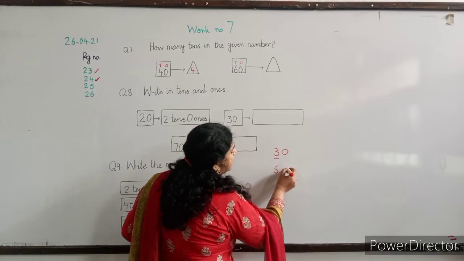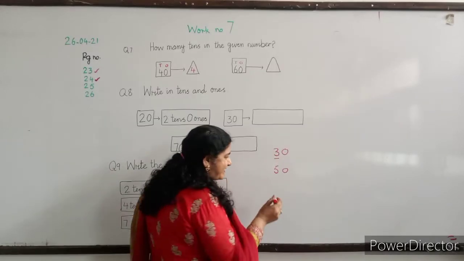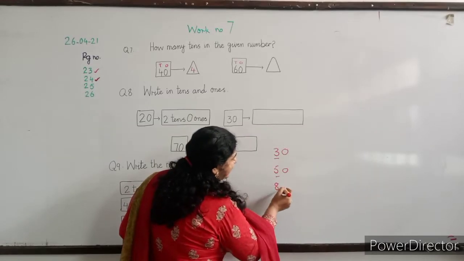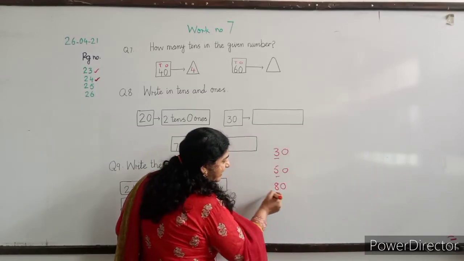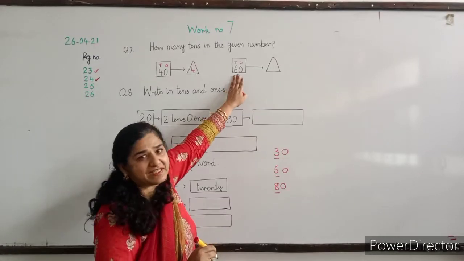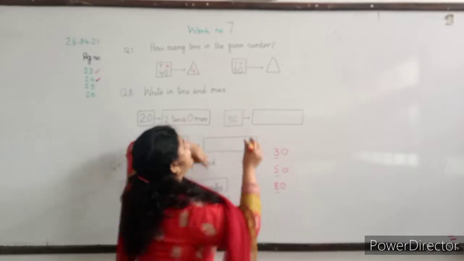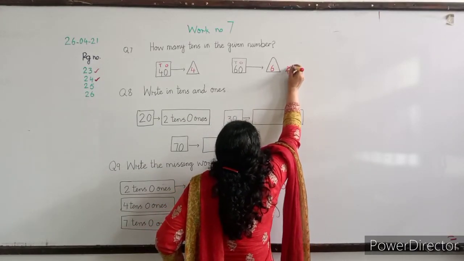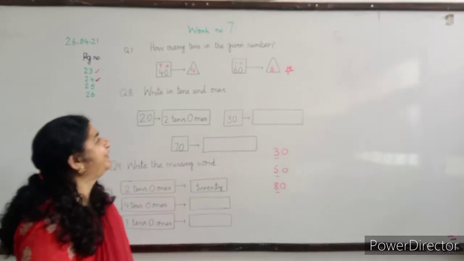In 50 there are, yes, 5 tens. In 80 there are 8 tens, right? So in this way, in 60 there are 6 tens. Very good children. Star for you.